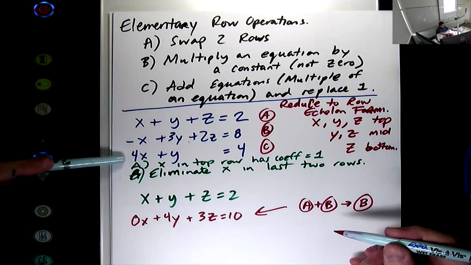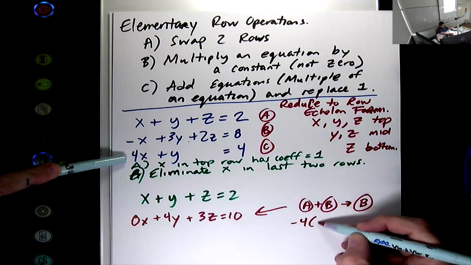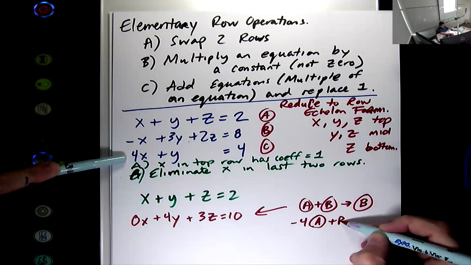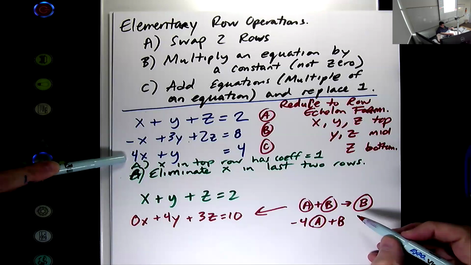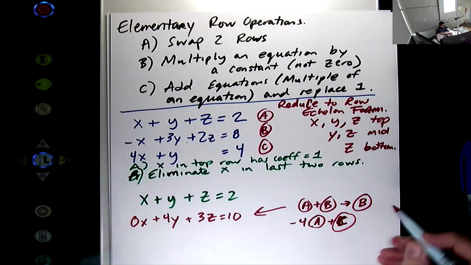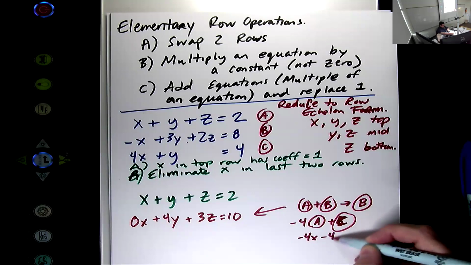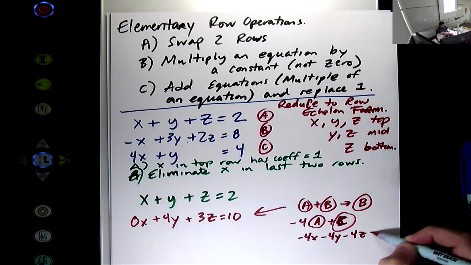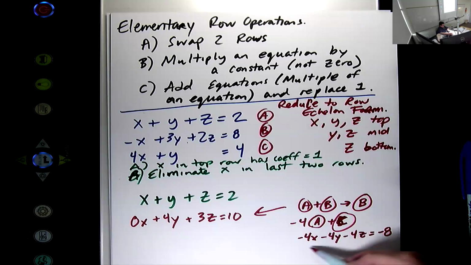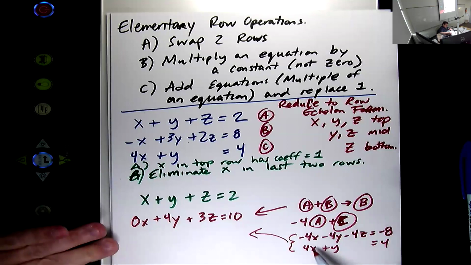If I want to get rid of the 4x here, I need to do -4 times A plus C. I'm gonna write out what -4A is real quick. And we're adding that to 4x plus y equals 4. So when I add these two together, the x's go away again.